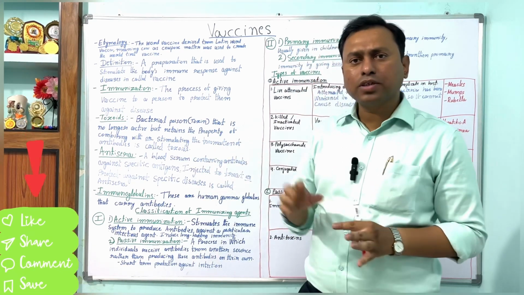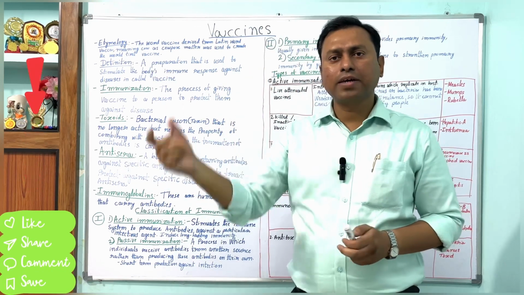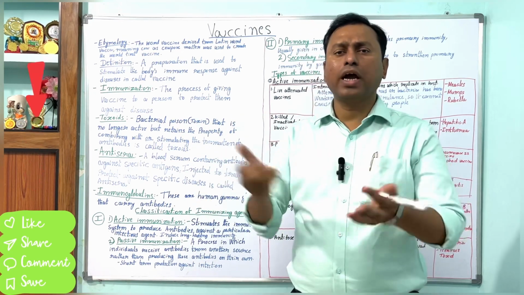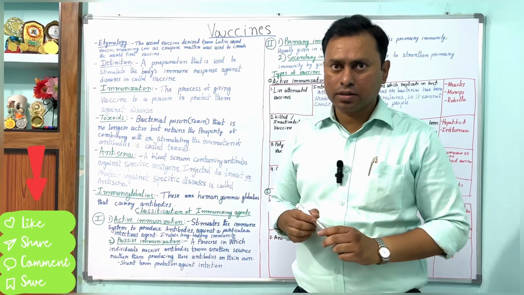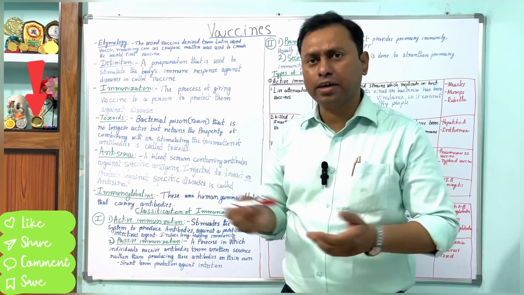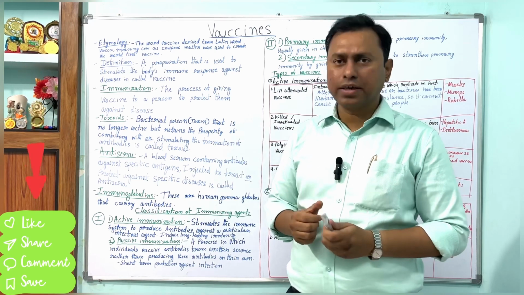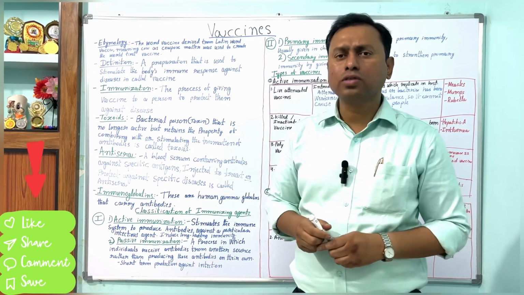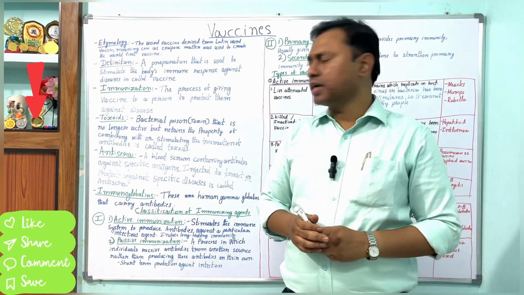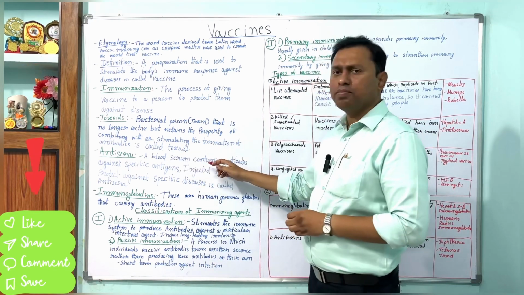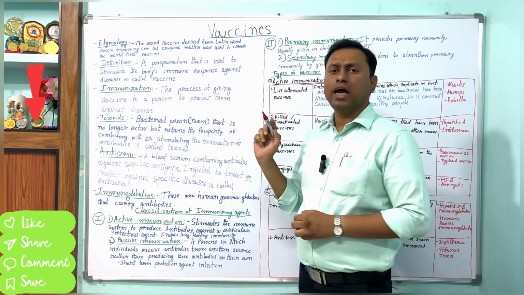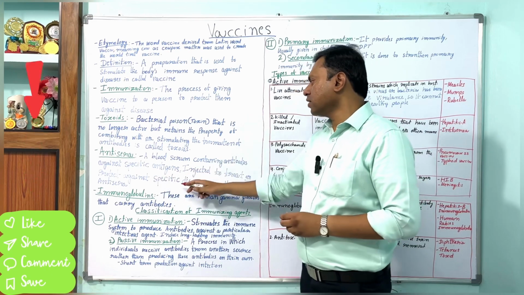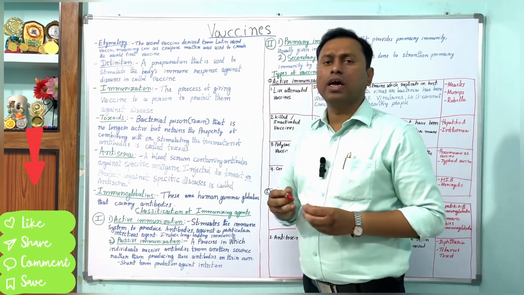The animals produce antibodies against those antigens. After they produce that antibody, we collect that blood serum and inject it into persons who are suffering from that particular disease. Antisera is a blood serum containing antibodies against specific antigens, injected to treat or protect against the specific disease.